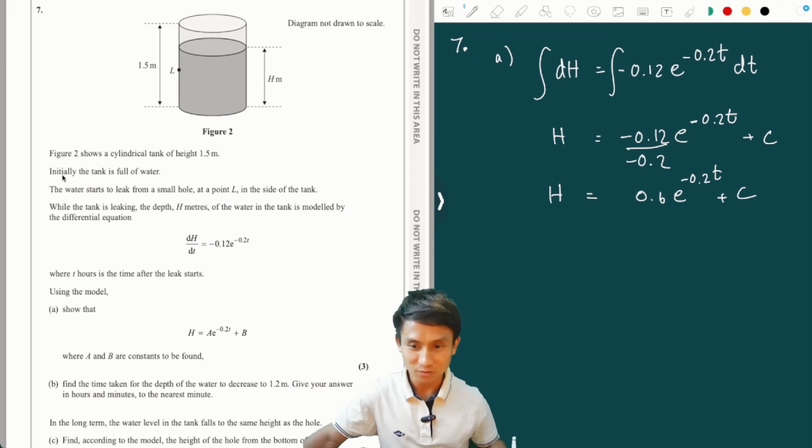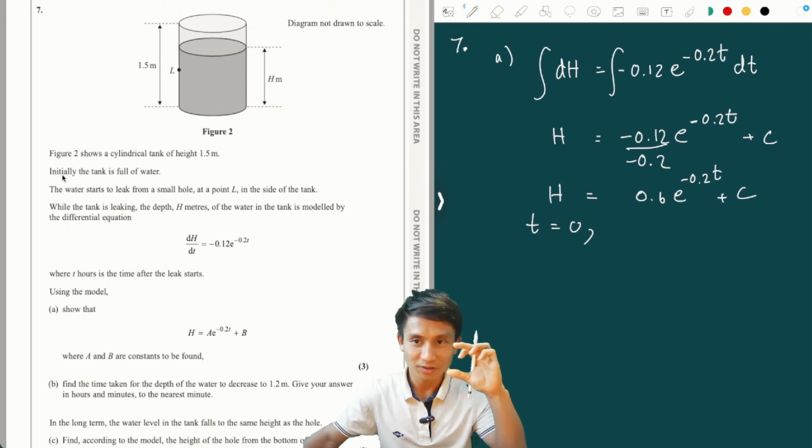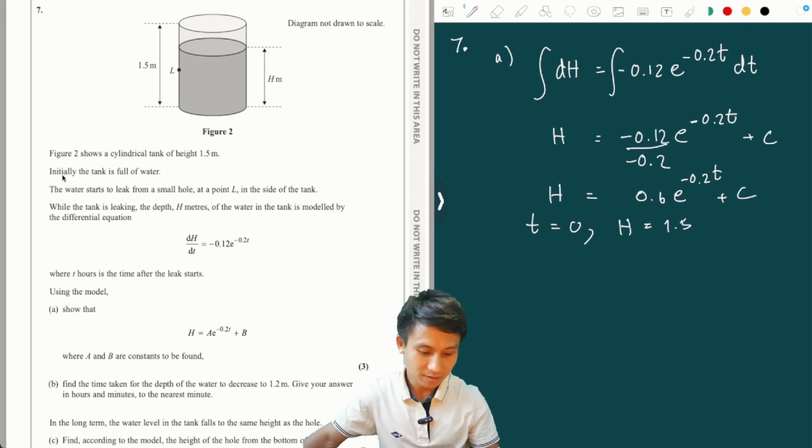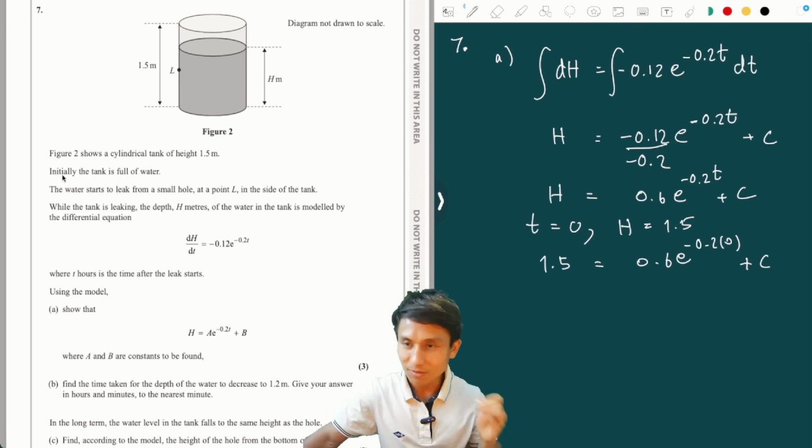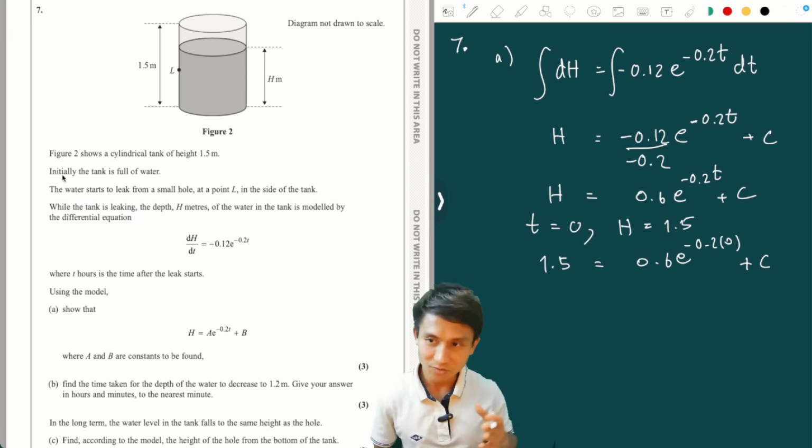So that is when t equals 0. When t equals 0, the height of the water should be 1.5, right? Yeah, because that's full of water initially. So we sub in 1.5 equals 0.6 e to the minus 0 here. When e to the 0 goes to 1, right?